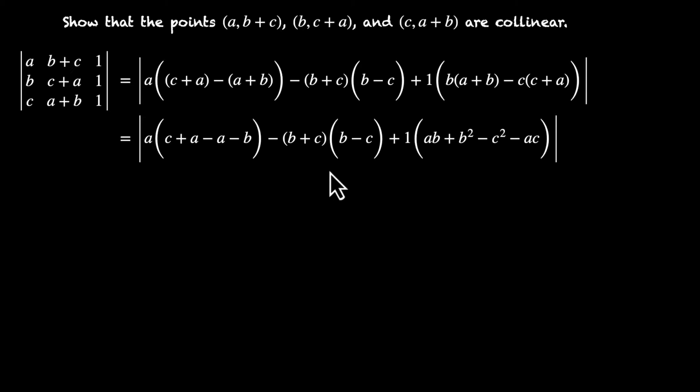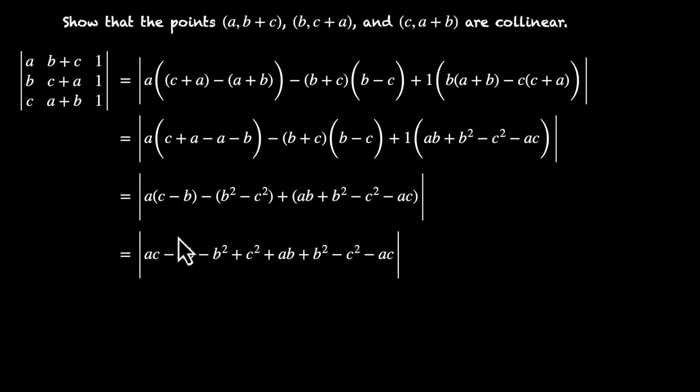Can we cancel something? Yes, a gets cancelled. So we have a times (c minus b), minus (b+c) times (b minus c), that's b square minus c square, plus ab plus b square minus c square minus ac. This becomes ac minus ab minus b square plus c square plus ab plus b square minus c square minus ac.